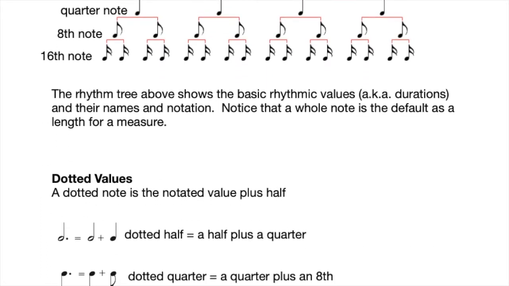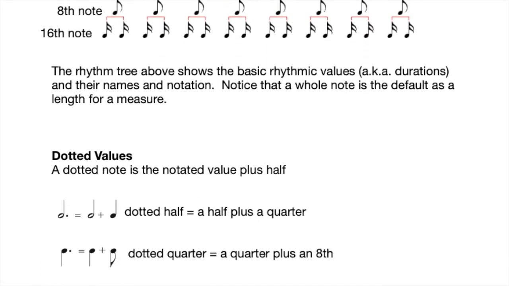Then I just wanted to make a quick note about flags and beams you'll see down here. Just to point out to you, if you're looking at notation, that these right here are eighth notes, and so are these. These are 16th notes, and so are these. So these flagged eighth notes mean the exact same thing as these, which are connected together with a beam instead of a flag.